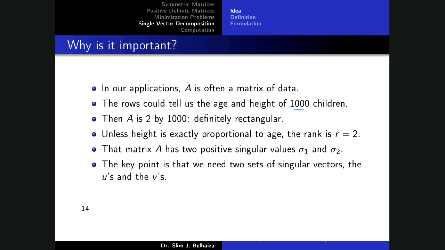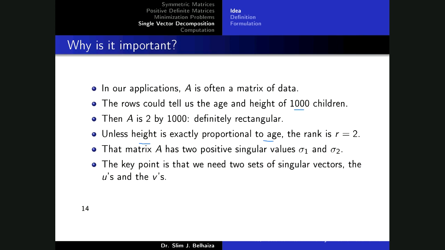You have 2 rows, one for the height and one for the age, and you have 1,000 columns. The matrix is definitely rectangular; it cannot be square or symmetric. Unless height is exactly proportional to age, the rank of that matrix would be 2.